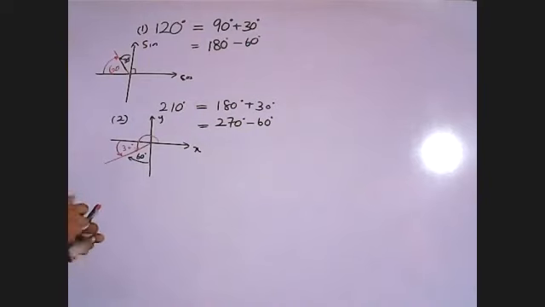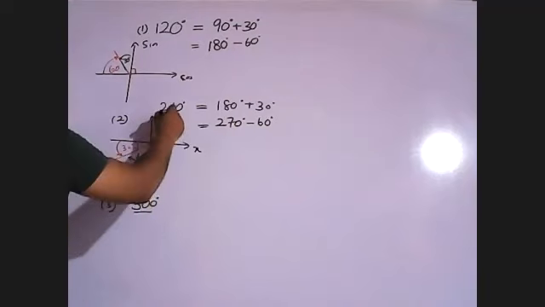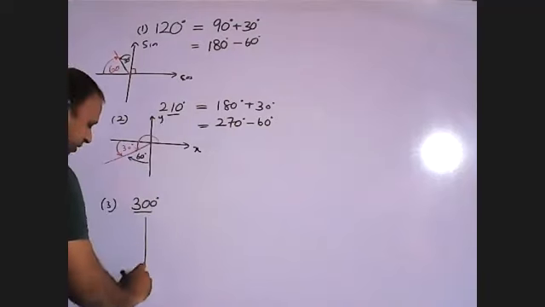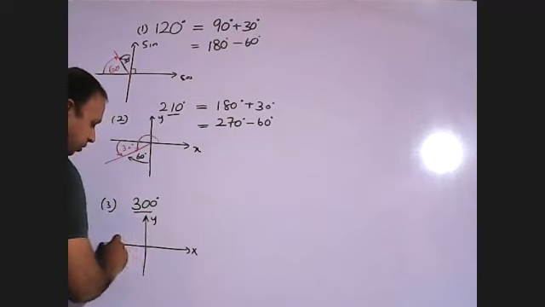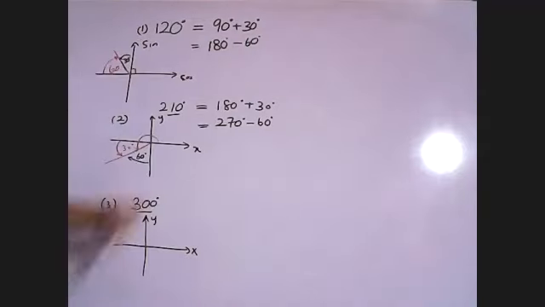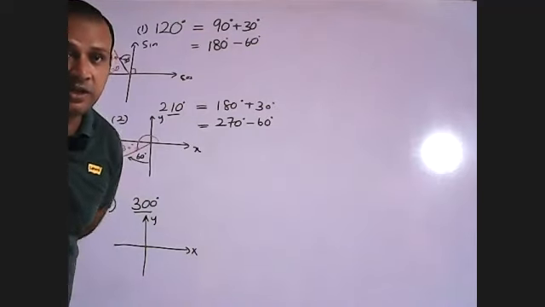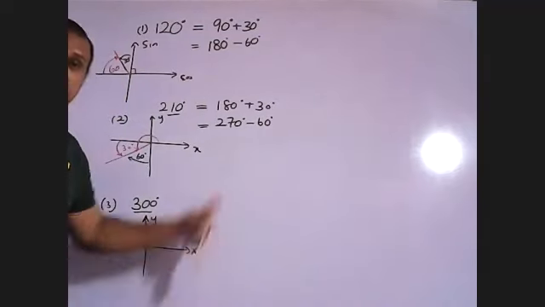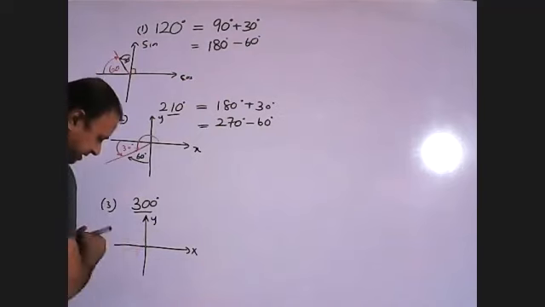Then again, another example. 300. Tell me how to represent 300 using an acute angle and integral multiplication of 90. Yes, very good. 270 plus 30 or 360 minus 60. Look at this.